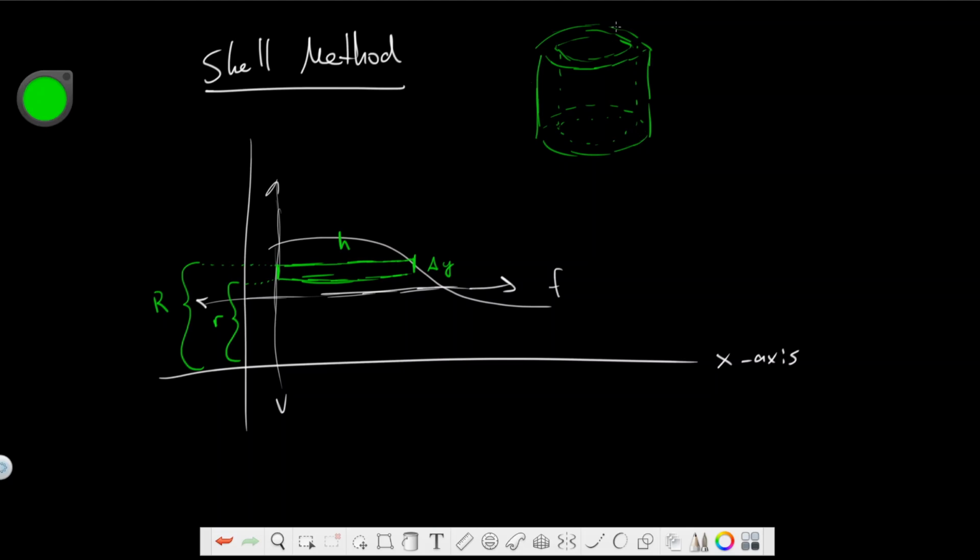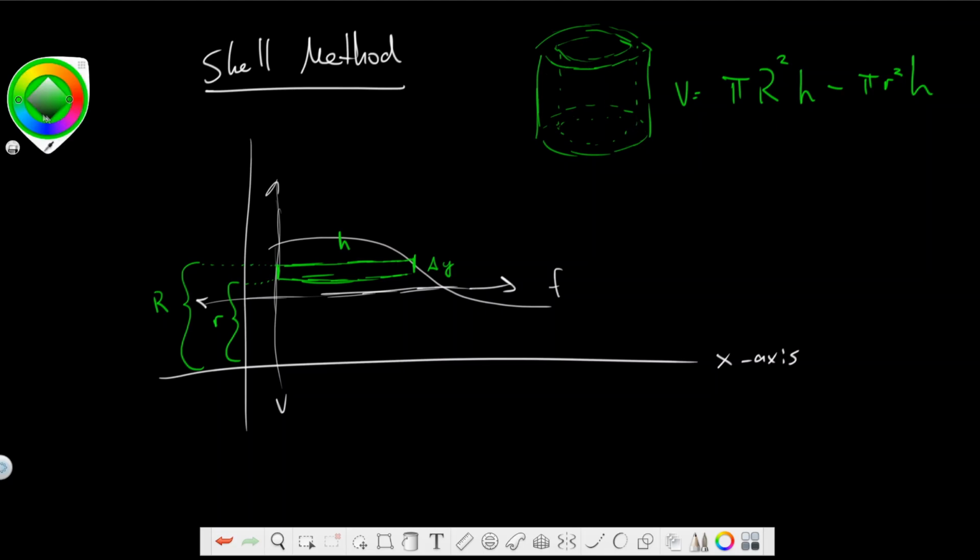So the total volume without the cylinder removed is going to be pi big R squared h, and the small one that we're removing is going to be pi little r squared h. So the volume of this shell is pi R squared h minus pi little r squared h. All right, so it's looking very similar to the washer method, but we have this shell now.